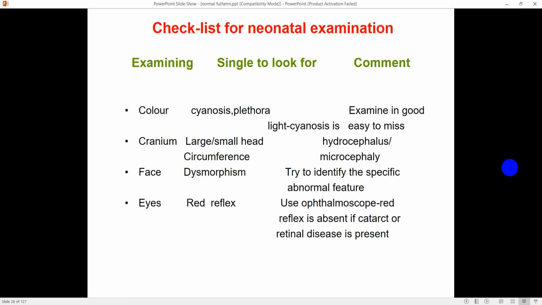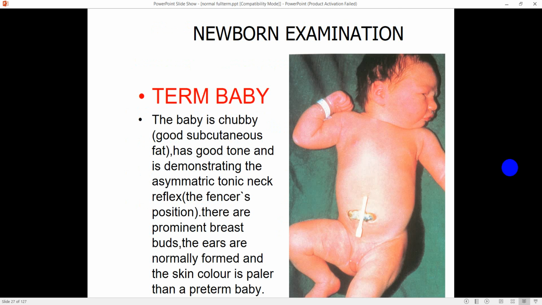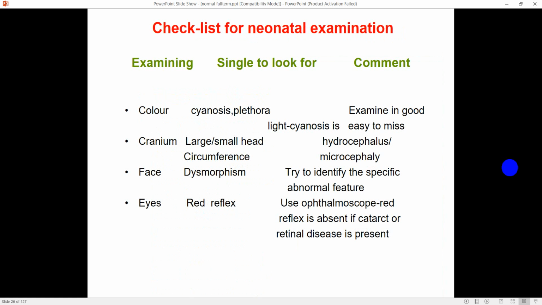Then we look at the face and the cranium for diagnosis of a large or small head. The face is very important, whether he has a normal facial appearance or abnormality, and we need to examine the eyes. Assessment of the red reflex by ophthalmoscope is important to assess congenital cataract.